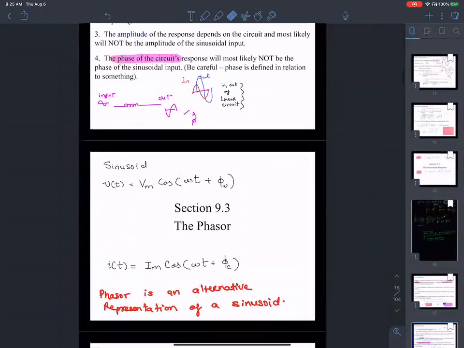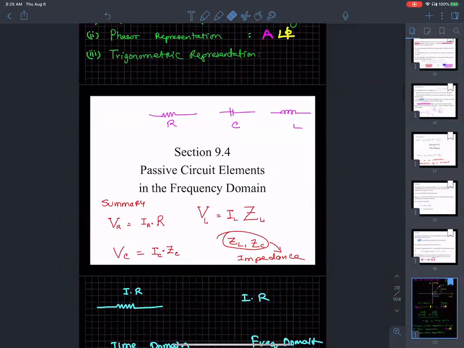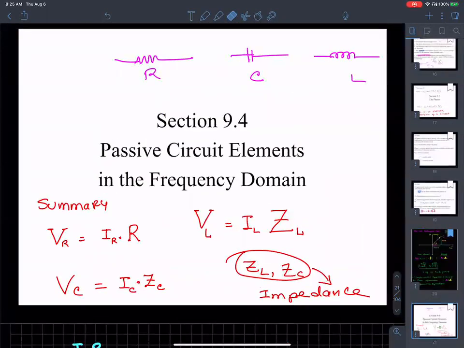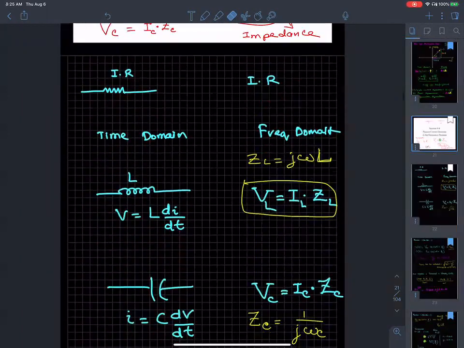Okay, what else did we do? We went on to talking about the passive circuit elements in frequency domain. Let's see if I can summarize that.